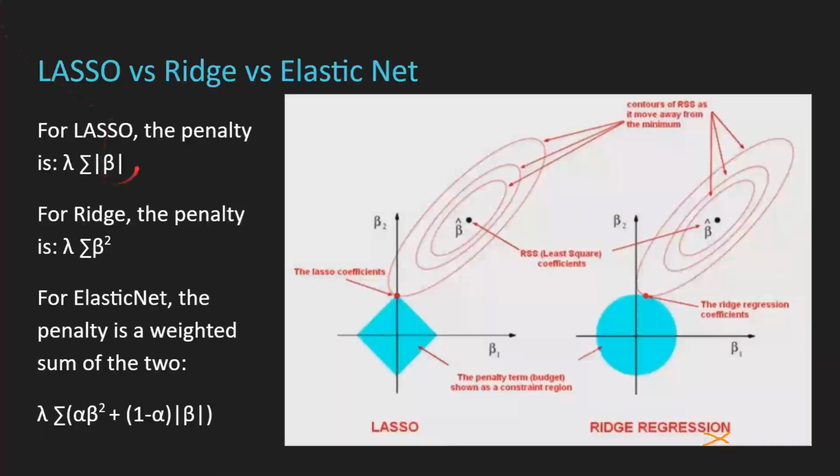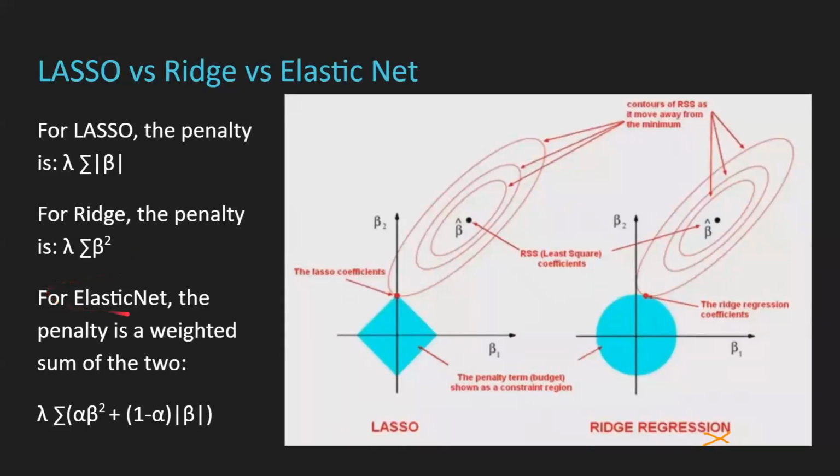We have just seen that for lasso it was lambda times the sum of the absolute values of beta. For ridge, the penalty is lambda times the sum of the beta squared. So we have a different objective function that in principle penalizes specific beta outliers in a stronger way.